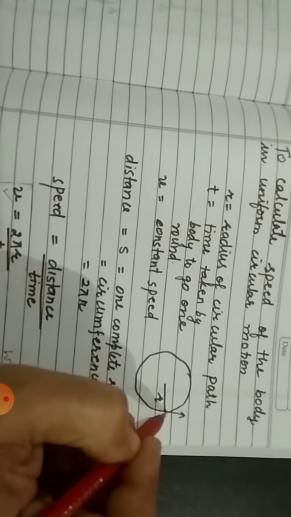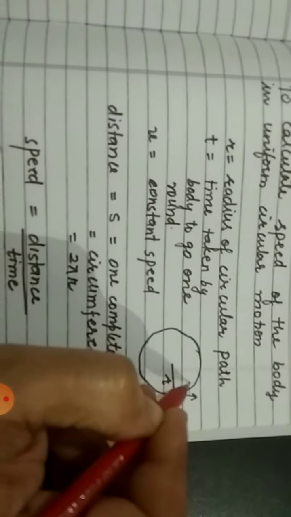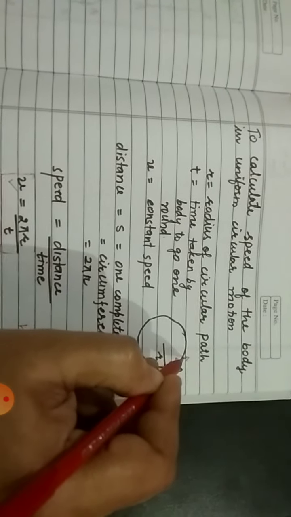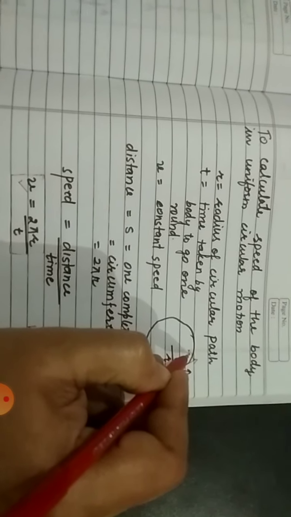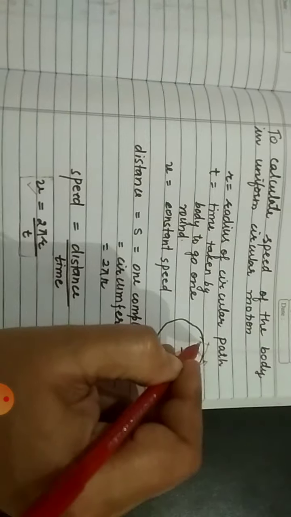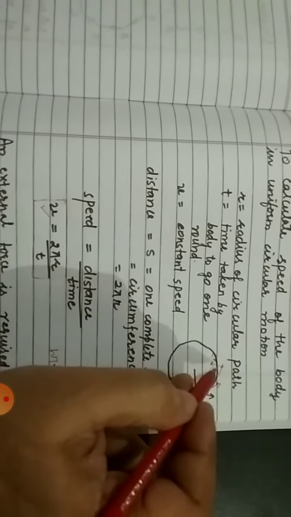Because if the particle is moving like this, one force is applied in the inward direction so that it can move along this path. Again the force is applied towards the center, so the particle is moving like this. Again the force is applied, so the particle is moving along the circle.